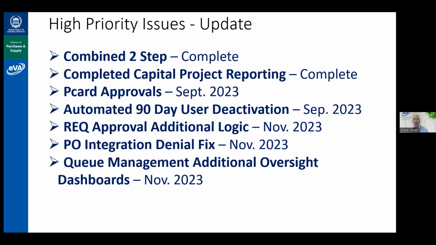We collect those through a very simple form that's in EVA. You should have been given access to that, and you should have been contacted if you were responsible for that. If this is confusing to you and you're like, what is capital project reporting? I might have to do that. Please reach out to your account executive and they'll gladly get you information on that. But we're delighted to get that functionality in place as well.